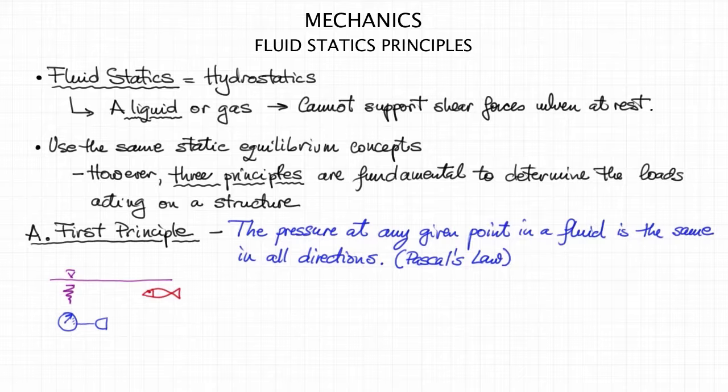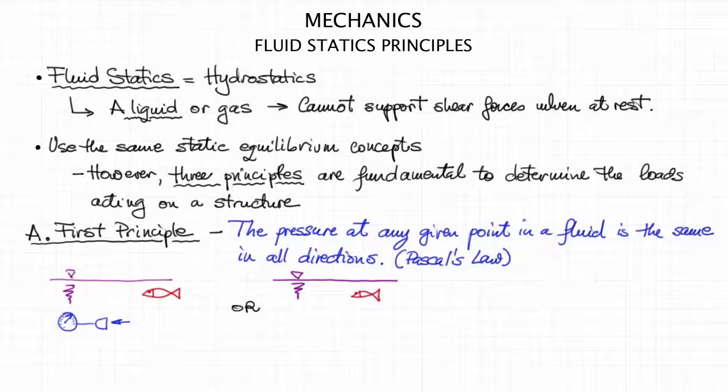If we place the pressure gauge horizontally and we measure the horizontal pressure, and record the value, and then in a second instance, we do the same thing, with the same pressure gauge, but now we rotate it, for example, by 90 degrees clockwise.